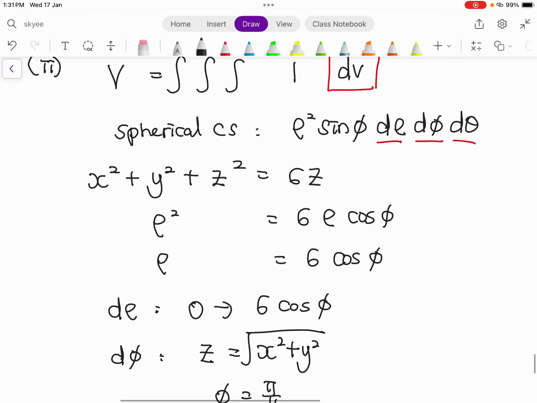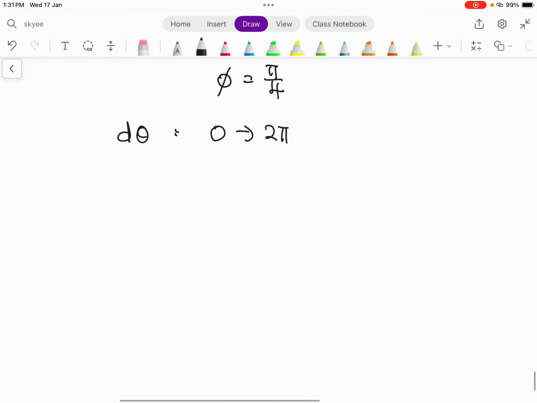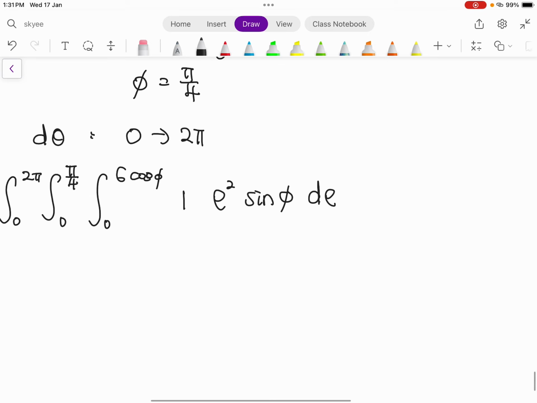You can find this from the XY projection, because it is a complete circle. So let's go to the solution: theta from 0 to 2 pi, phi from 0 to pi over 4, rho from 0 to 6 cos phi, of rho squared sine phi d rho d phi d theta.